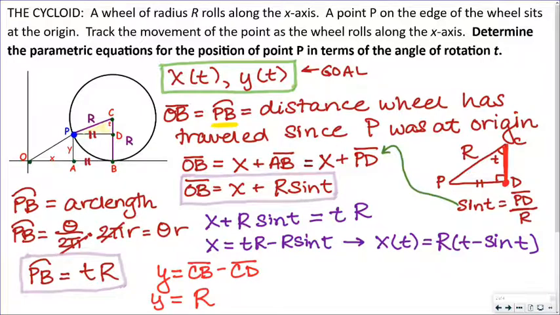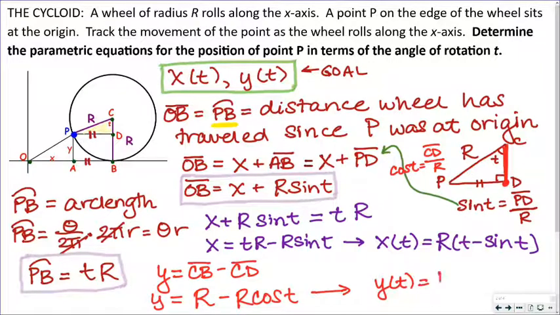And now, using this triangle way over here on the right, I can say that the cosine of T is CD over R. And that means CD is R cosine T. And that gives me the Y formula for the parametrized version of this curve.